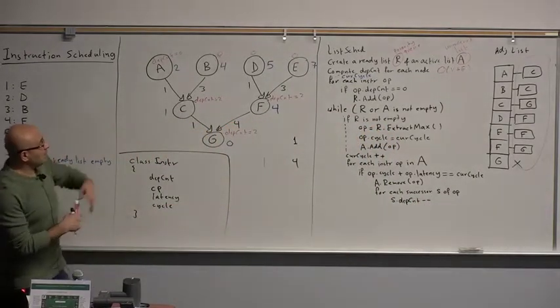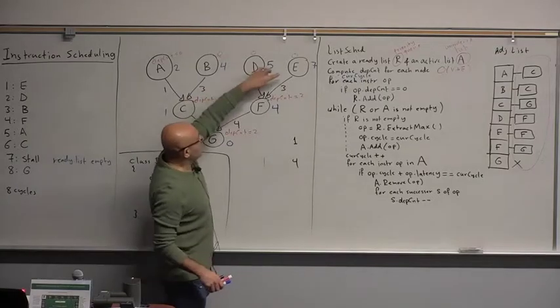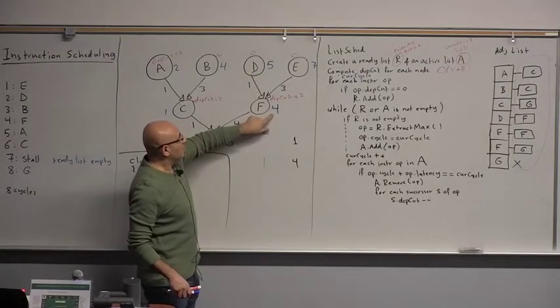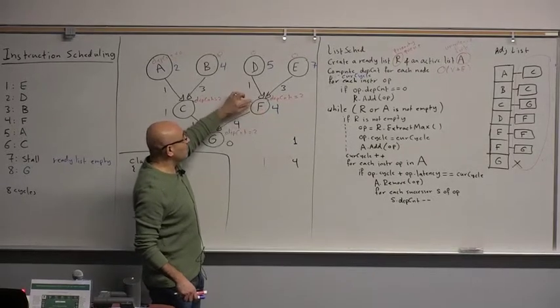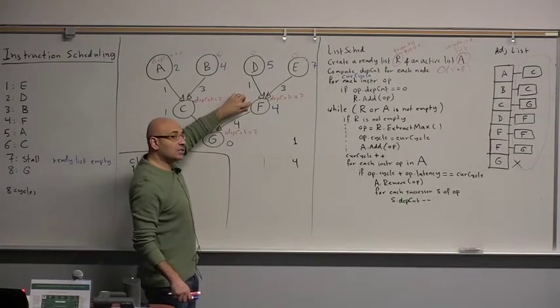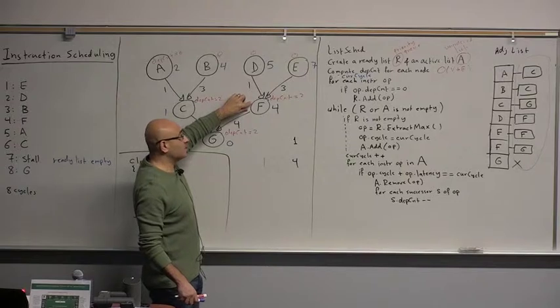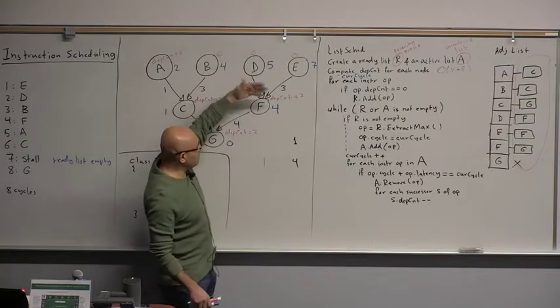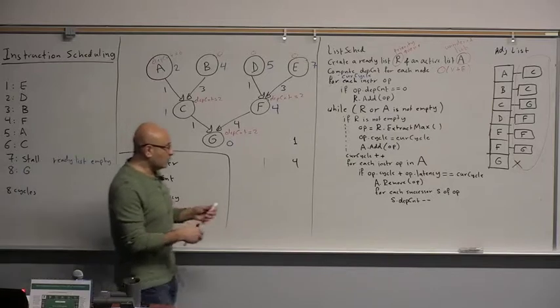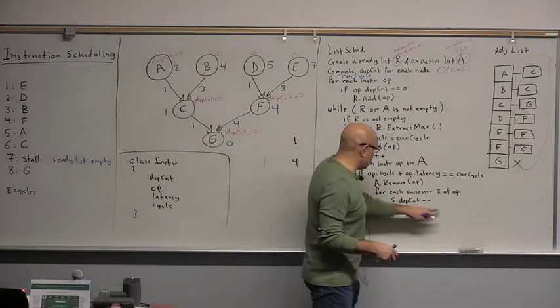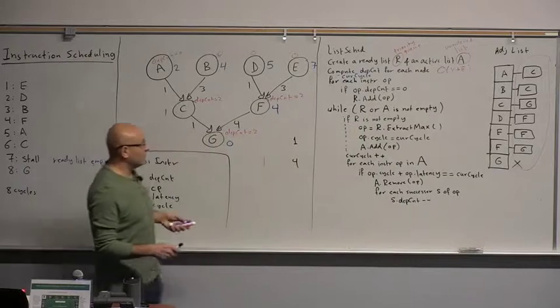So now when we get to cycle 4, we decrement the depth count of F by 1, which means that one of the instructions on which F depends has just completed. So the dependency has gotten reduced by 1. So we look at the successors, and S.depth count is decremented.